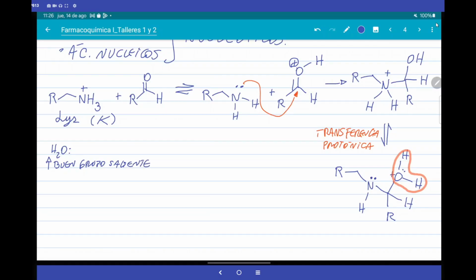One reason is that it leaves with neutral final charge, zero. The second reason is thermodynamic: when the water comes out, it increases the entropy of the medium.